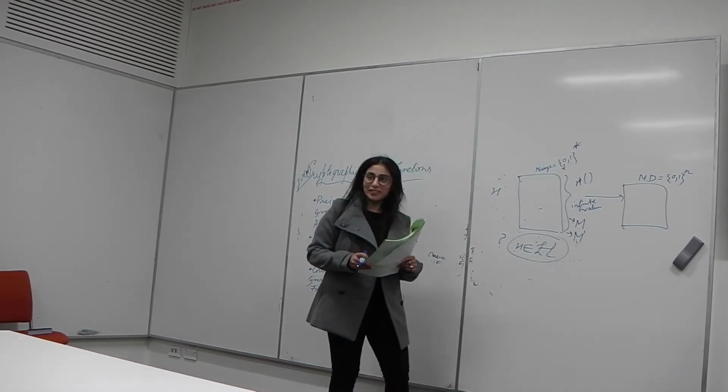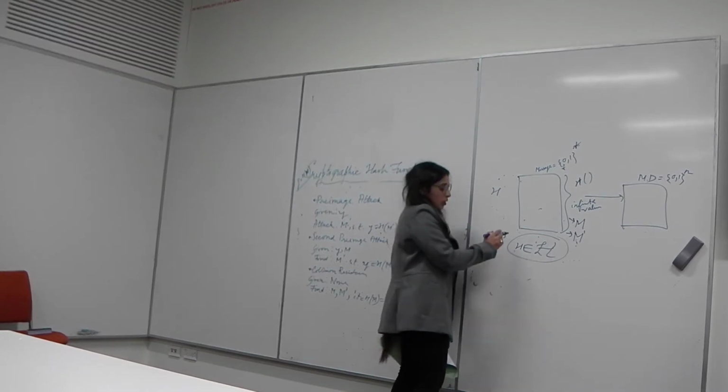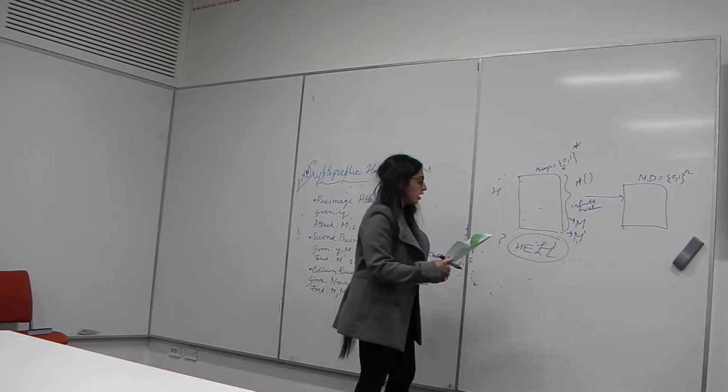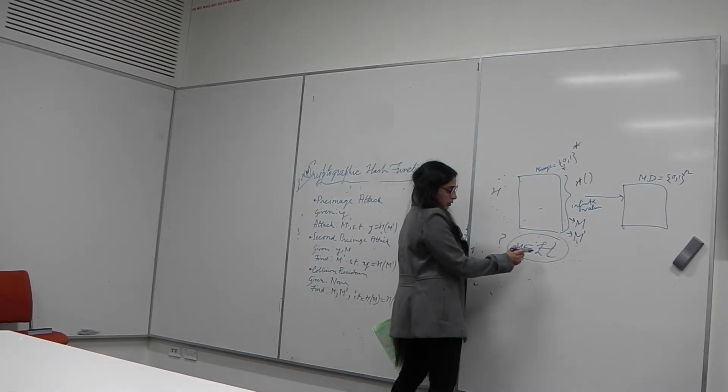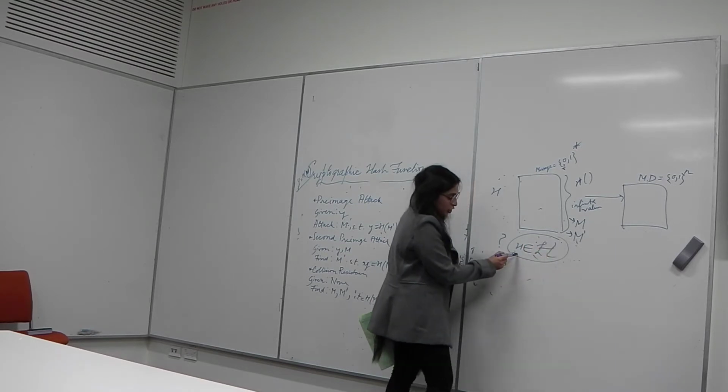Okay. So for defining security of a hash function, what we can do, this thing I already told you, is define this family of hash functions, and H belongs to this.